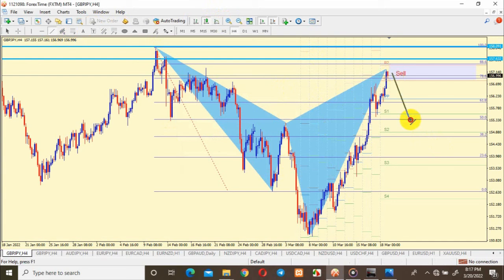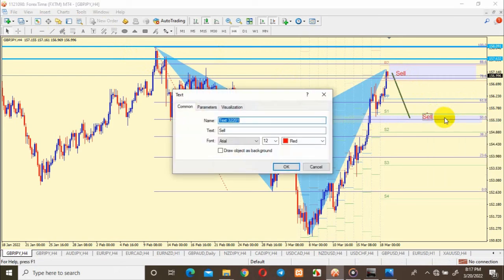Target this bottom here. Just help me target this zone here. Don't go too far. For GBP, from what we see, it's still more bullish, so our target should be around 155.30.